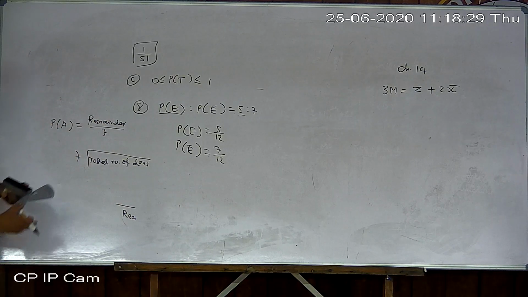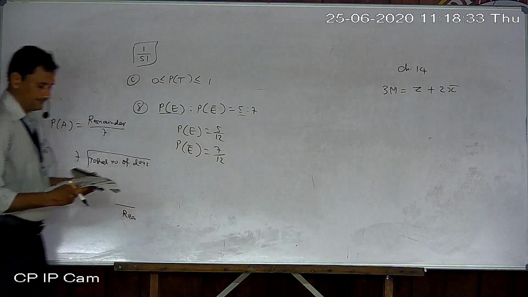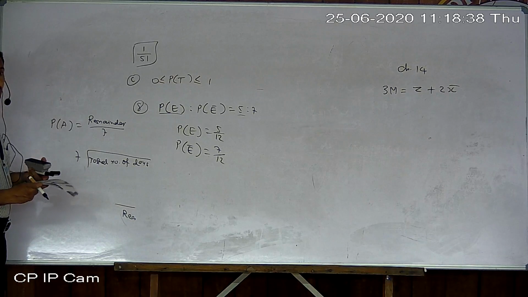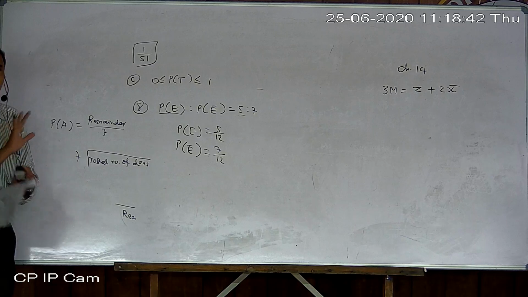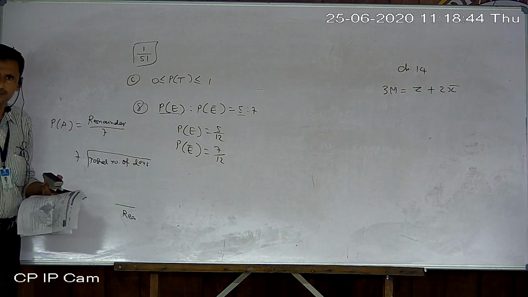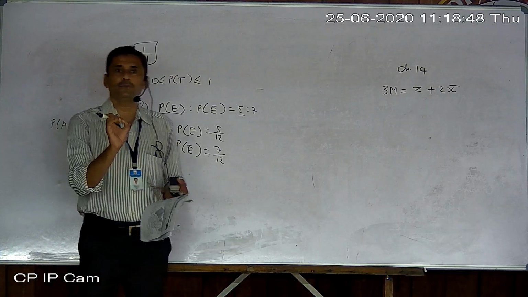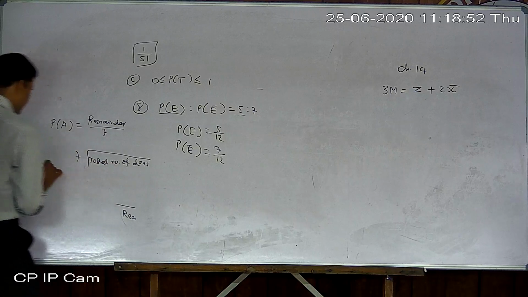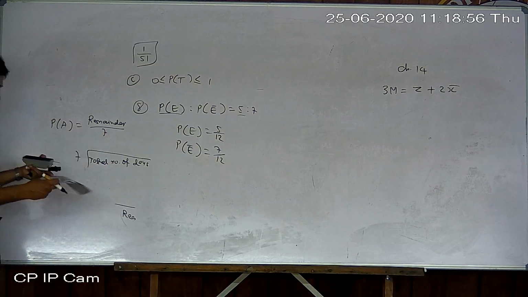Suppose I want to solve 9. In 9, probability of a non-leap year, it is regarding a year. 53 is not important for us, and 5 is not important whenever a month is there. We are just concerned with the total number of days. So the total number of days in a year is 365. If I divide 365 by 7, why? Because it is a non-leap year.